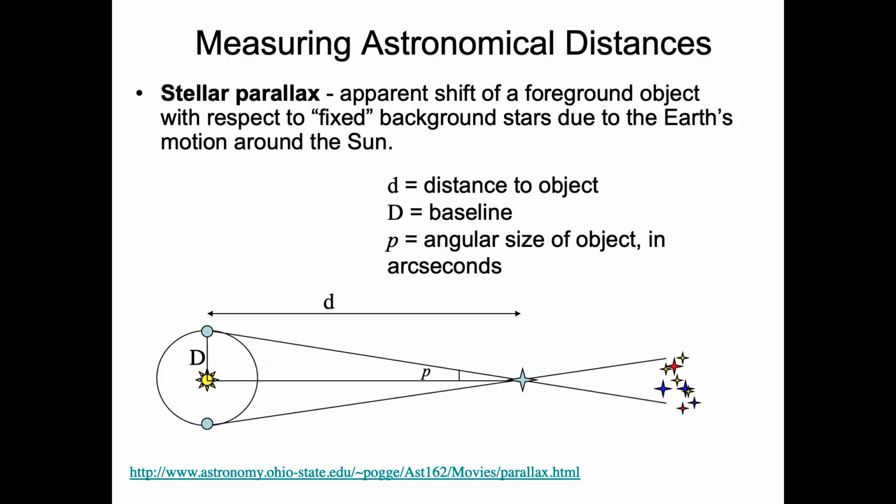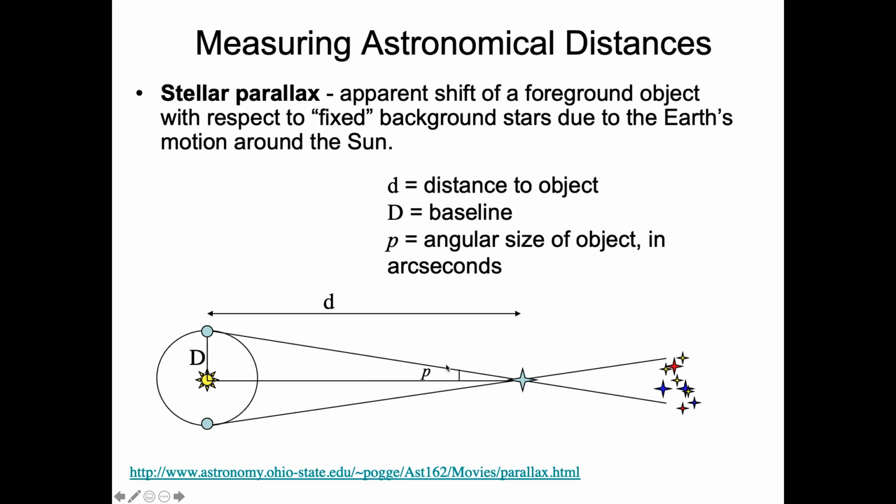But to do that, it requires you to, one, know the distance from the Earth to the sun, and two, what is the angular size, or how much does the distant star appear to move across the background of further stars.